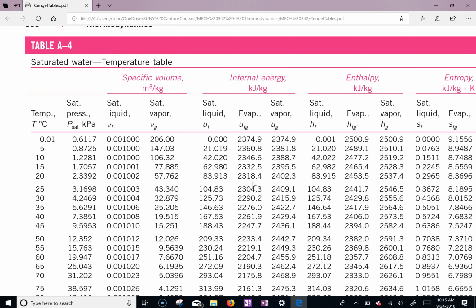So table A4, we go over to the left column, and this is your temperature. We're at 75 C, and boom, we automatically know our pressure, 38.6 kilopascals. Okay? Because we're on the saturated liquid line. And then right here is our Vf, 0.001026. Okay? Everything's here.